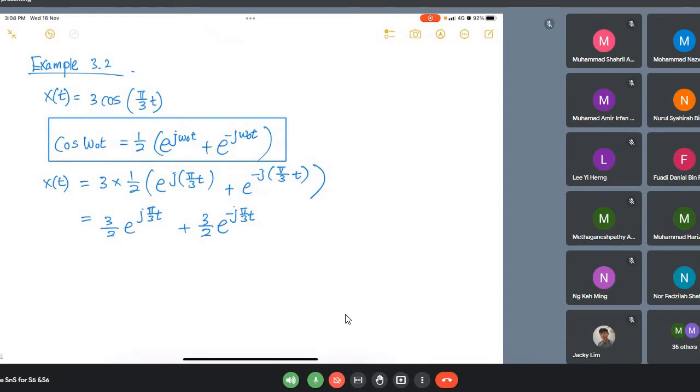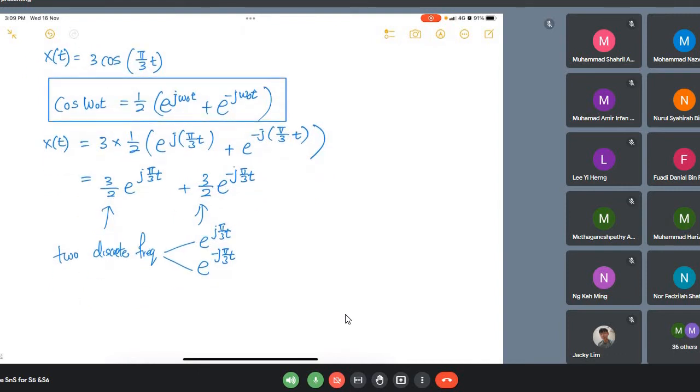From here we have two coefficients, this one and this one, and we have two discrete frequencies. The first one is exponent positive j pi over 3 t, and another one is exponent minus j pi over 3 t.